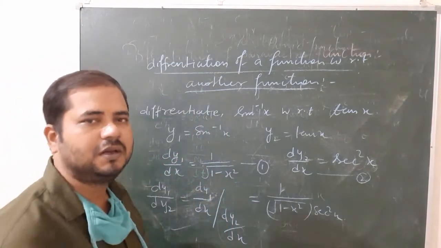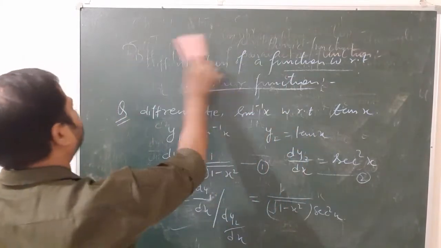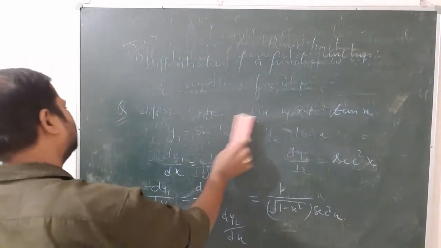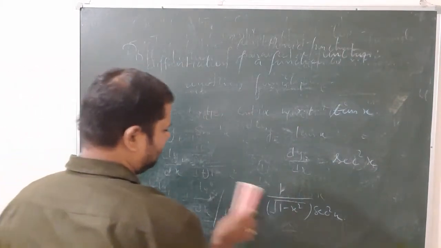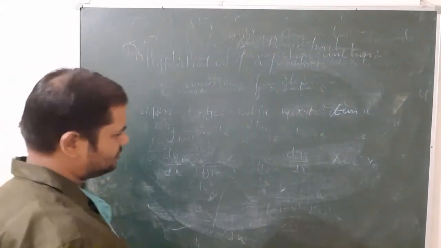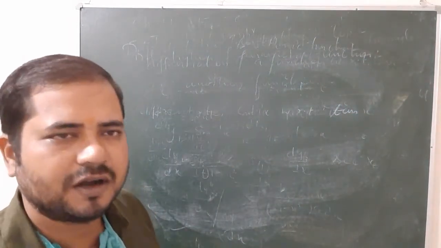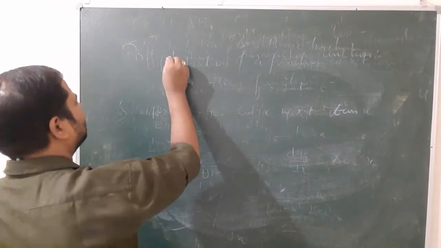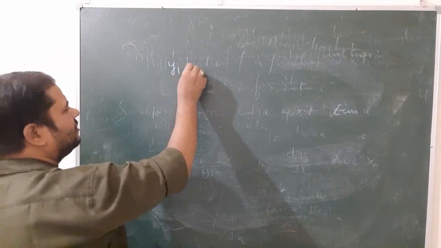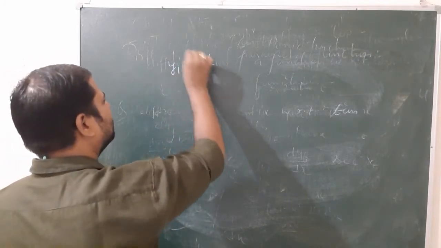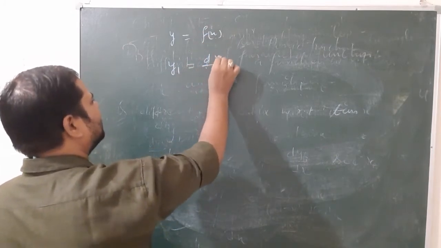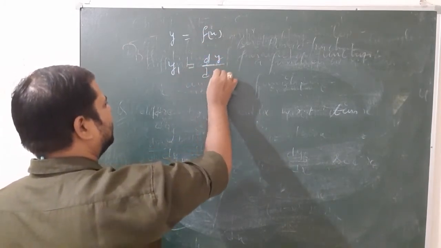Now next one is higher order derivatives. That means only second order derivative in your syllabus. So we are going to discuss second order derivatives. First, let y be equal to f(x), a function, then y1 is dy by dx.